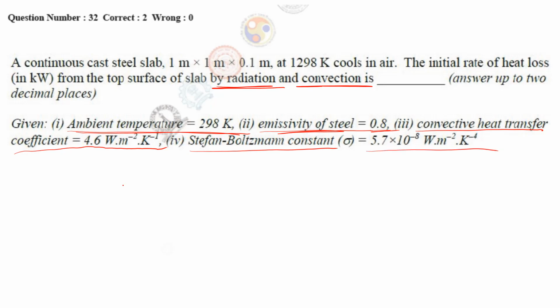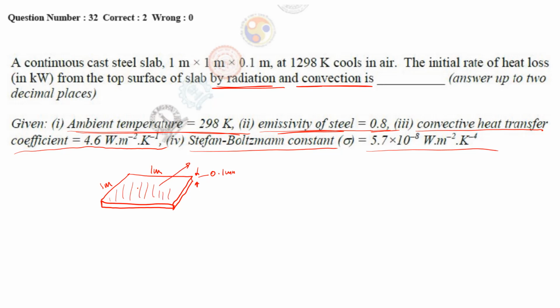Okay, so let us first draw the slab over here. This is the slab, continuously cast, 1 meter by 1 meter, and the thickness is 0.1 meter, and it is asking about the heat loss from the surface only.